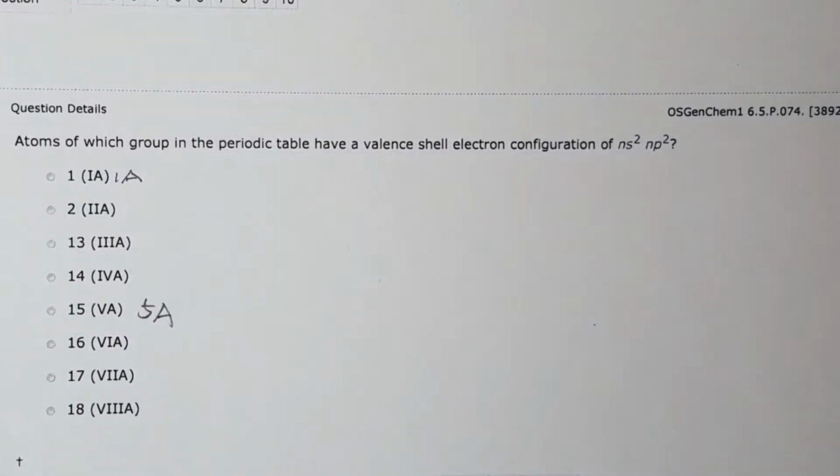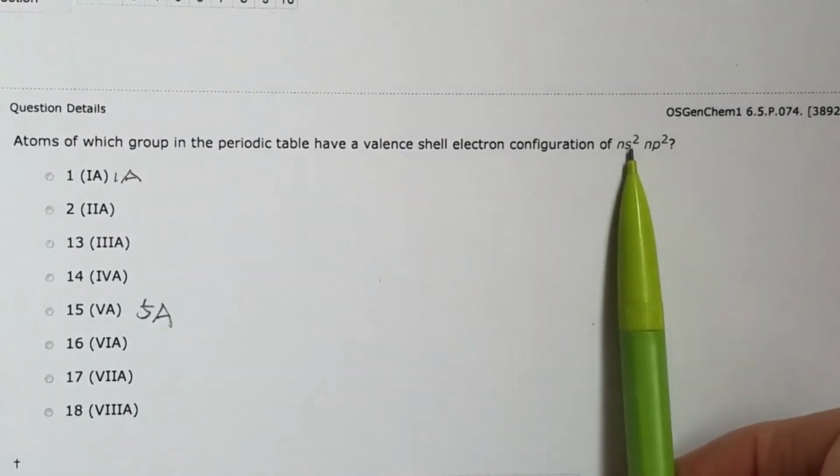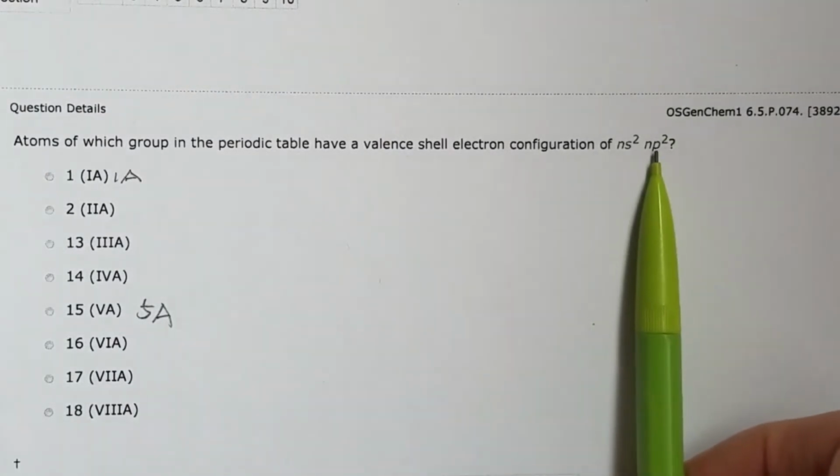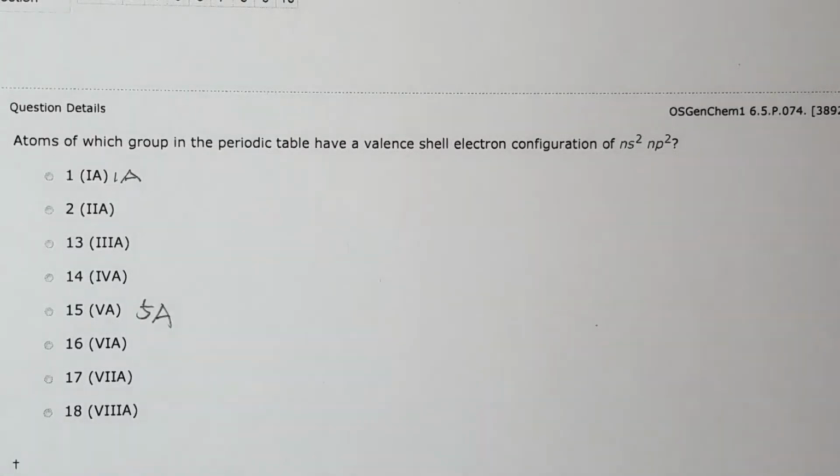So which group would carry an electron configuration of s2 and p2? Before we solve that problem, let's do a little bit of review. We haven't learned this in class yet, but I assume for students who already learned this, let's just review the material.